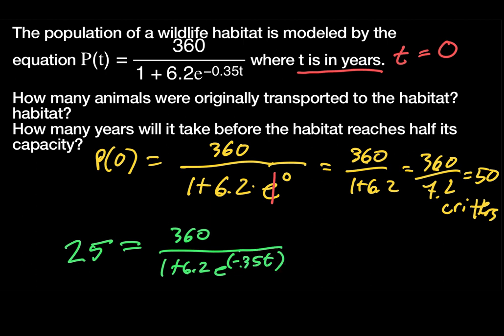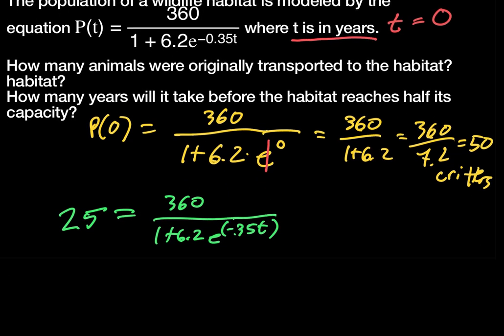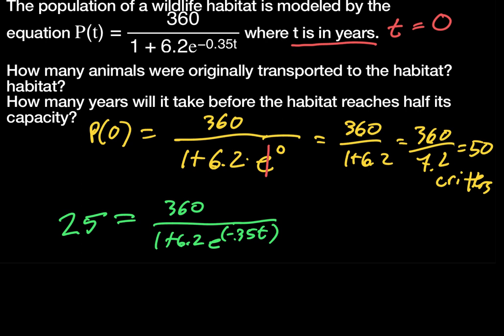Need to solve for t. 25 times (1 plus 6.2 e to the negative 0.35 t) equals 360. Just doing some algebra there. Divide by 25.